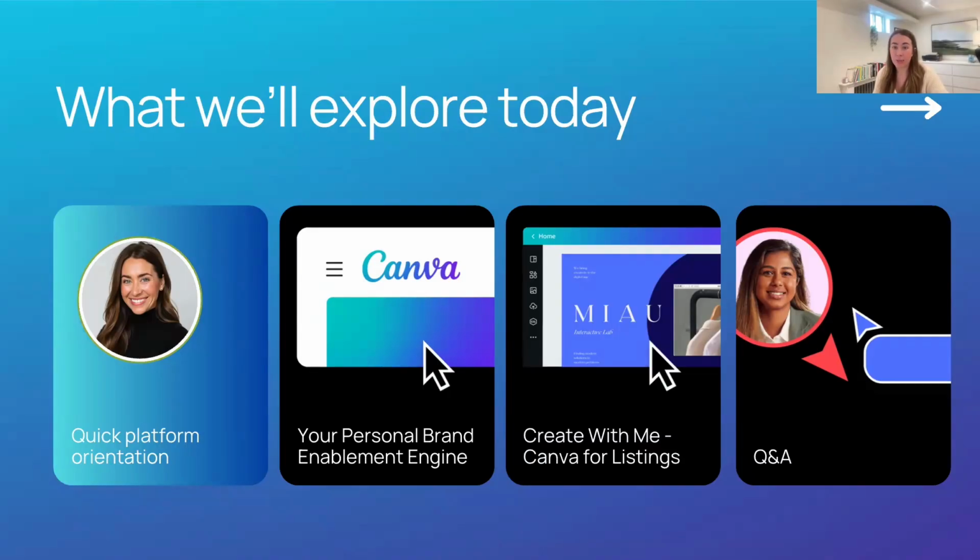Then we're going to get into some personal brand enablement engine stuff. This is all about how to optimize your personal brand within the platform so that you can really take advantage of all that Canva has to offer. And then we're going to go into a create with me session where we're going to focus specifically on Canva for listings. And then there's going to be some time at the end for some Q&A, which I'm happy to answer any questions you have.